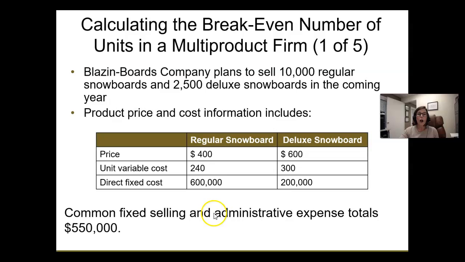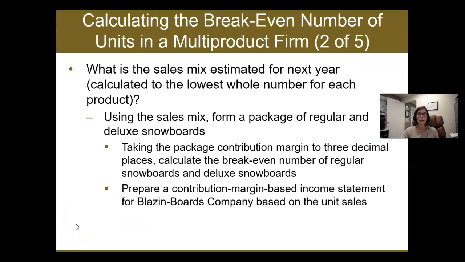Now there are common fixed and administrative costs of $550,000. So again, these costs would remain if we decided, for example, we were only going to make the regular and not the deluxe, because we need these common costs for the company to run.